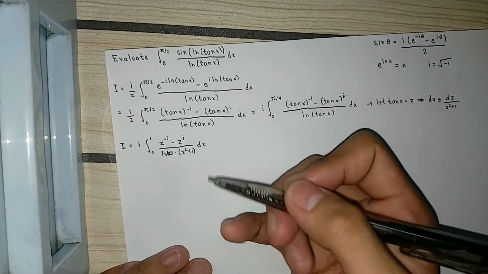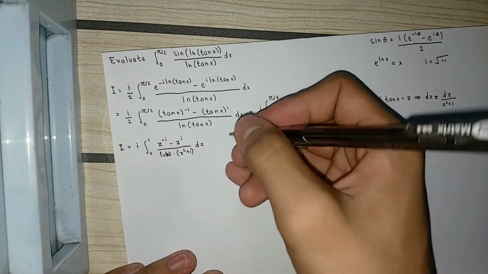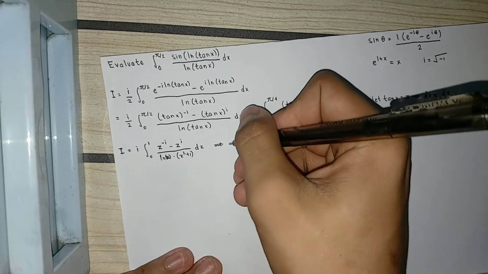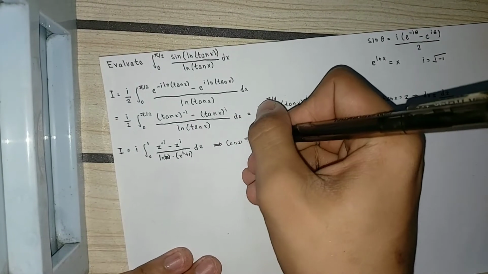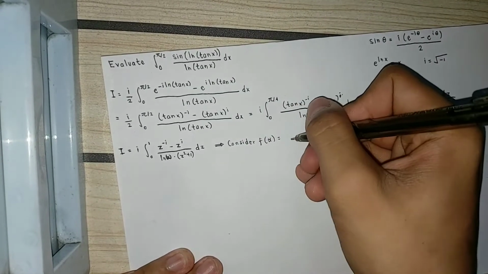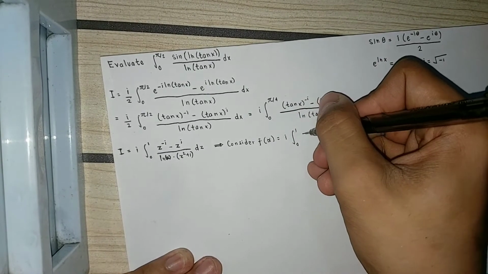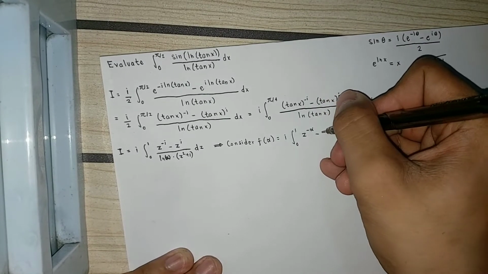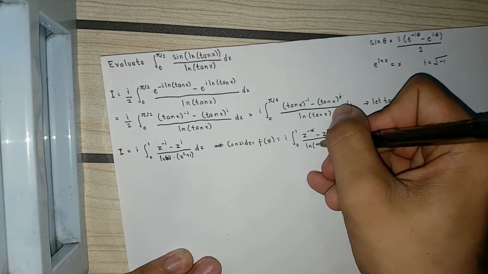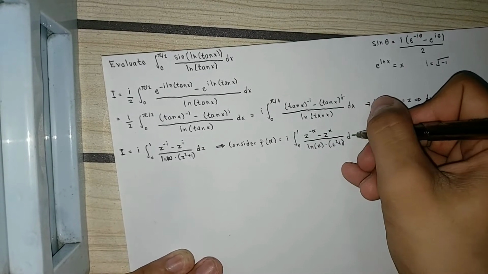So we will evaluate this integral by considering a function f of alpha is equal to i times integral from 0 to 1 of z raised to negative alpha minus z raised to alpha over ln of z times z squared plus 1 dz.